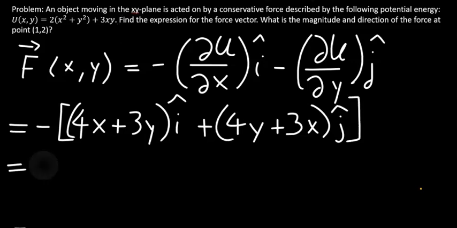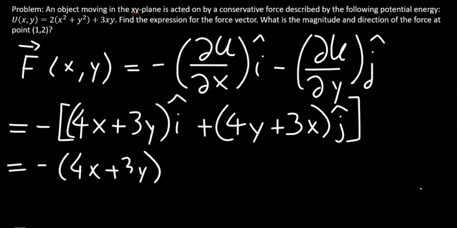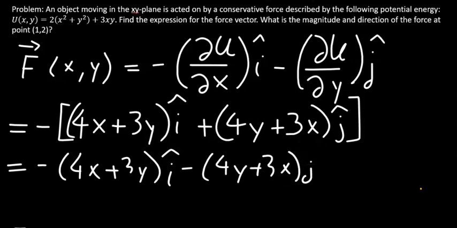So there we have it. That is your force function. Minus (4x plus 3y) i hat minus (4y plus 3x) j hat. And this is the expression for the force vector that we are looking for.